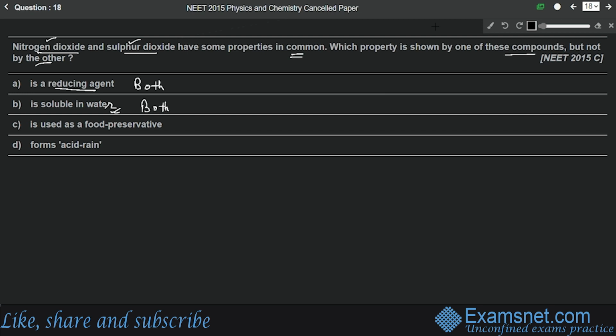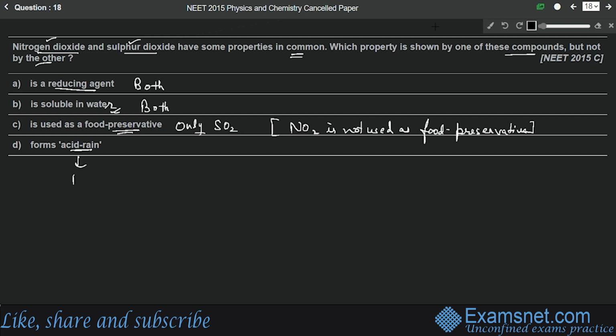Third one is used as a food preservative. So only sulfur dioxide is used as food preservative. Nitrogen dioxide is not used as food preservative. Last one is forms acid rain.